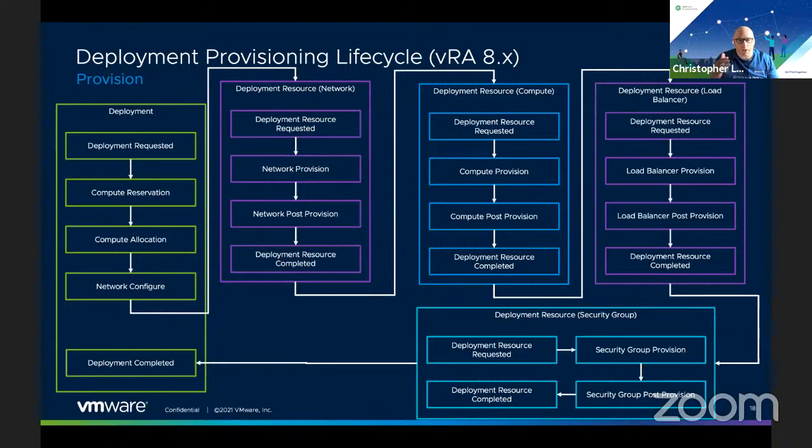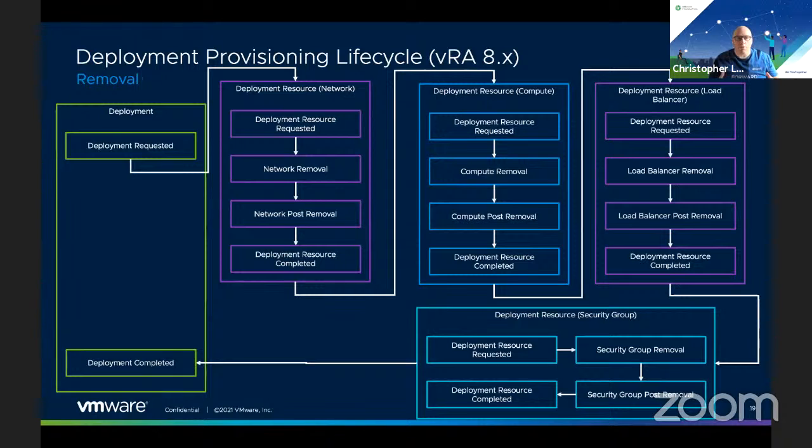But there's a lot more stages in that life cycle of the deployment that can be called out specifically for those different types of resources. And again, you've still got the requested, the reservations, the allocations, the configurations, but then you've got each of those deployment processes. And it's exactly the same with removal. So when you go and click on the button and say, delete my request, it then goes through the same process of, well, I need to destroy this network resource. Is there anything I need to do as part of that? I need to destroy this compute resource. Is there anything I need to do?